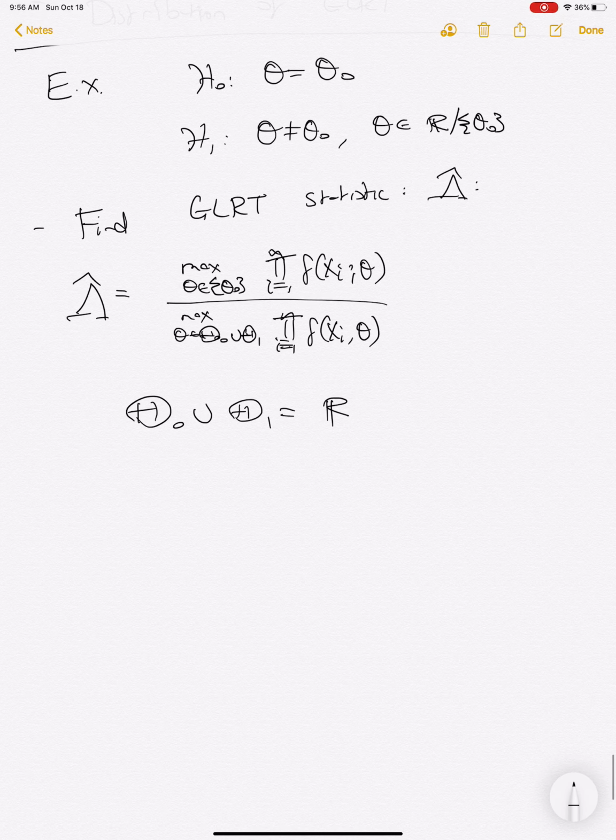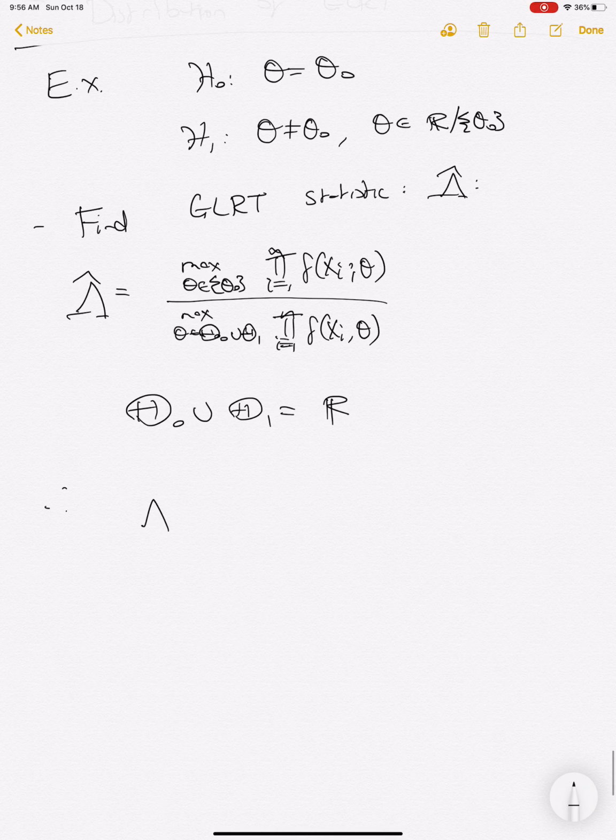Okay, and so therefore we can say that gamma hat, because we're maximizing over a single point, is just going to be f of xi, theta 0. And then we have to maximize over the whole real line.